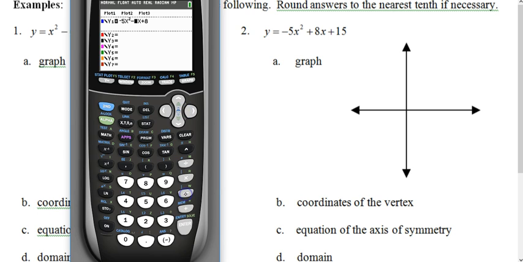Instead of -6, whoops, I don't want minus, I want plus 8x plus 15. Okay. So you can edit it. You could just hit clear on that and just enter -5x squared plus 8x plus 15. Okay. And now, I know the y-intercept is at 15, but I'm just going to hit graph. Let's see what this looks like.